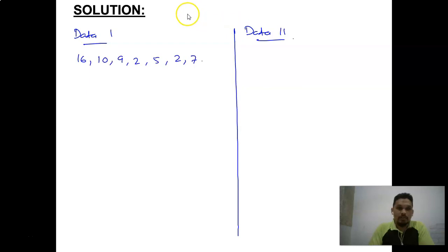From the formula of the variance, s squared equals the summation of x squared minus the summation of x, in brackets, squared, divided by n, and everything divided by n minus 1. So here we need to find the summation of x squared and the summation of x in brackets squared.